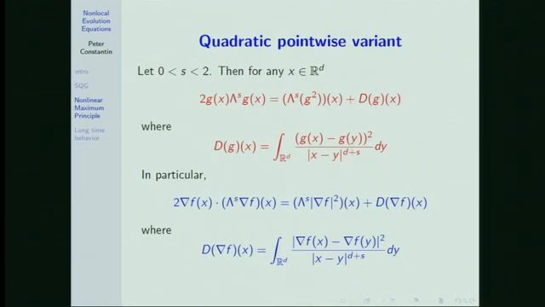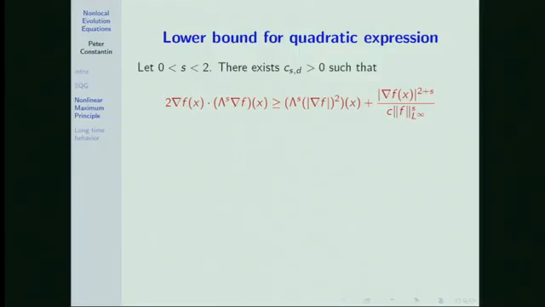And that quantity is larger than lambda s of g squared plus a very healthy dissipative term, which is very singular, therefore very good because it has the right sign. Okay? So for instance, I wrote this thing again with gradients, okay? So the quadratic expression that appears there is larger than, as we expect, gradient of f to 2 plus s.